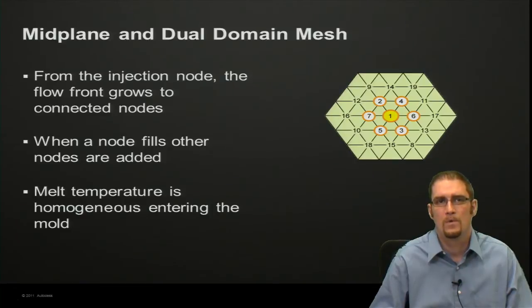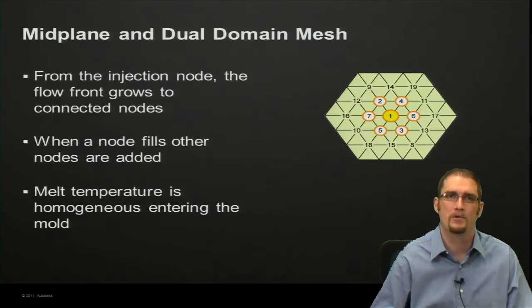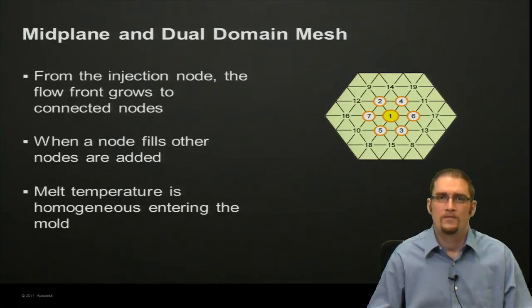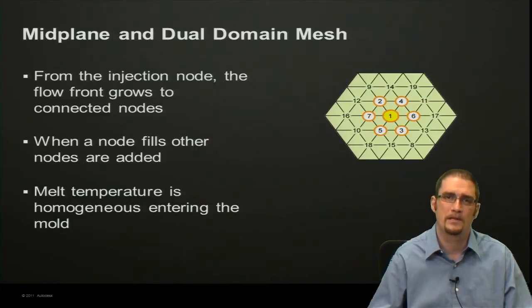And when the solver is working, basically what happens with the mid-plane dual domain mesh is that you have an injection location at a node, and this is the starting point for the flow calculations. The flow will grow from that point, expanding outwards to the connecting nodes and growing and growing.